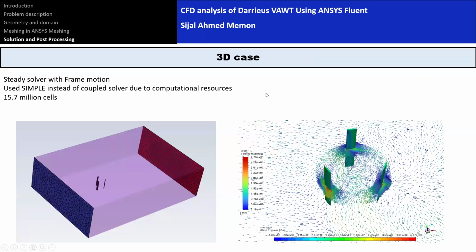And then I have also given a 3D case, but in this course, we will not be solving the 3D case, but I will show you how you can make the geometry for the 3D case and the meshing.